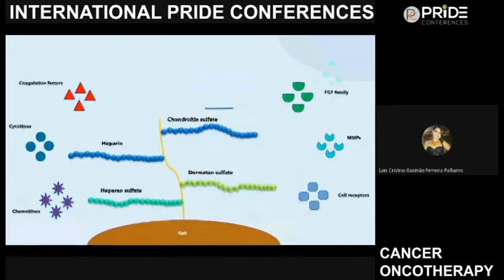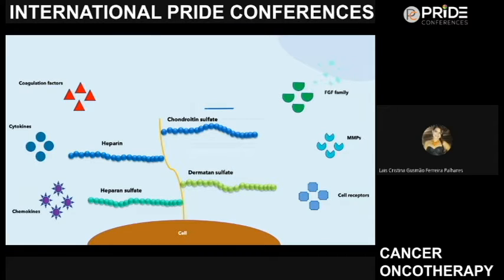And because of that, it makes them very unique in the sense that they can bind to a wide range of different biological proteins, including coagulation factors. In fact, the majority of GAGs are known to have anticoagulant activities. As you know, heparin is well known as an anticoagulant agent and is widely used.